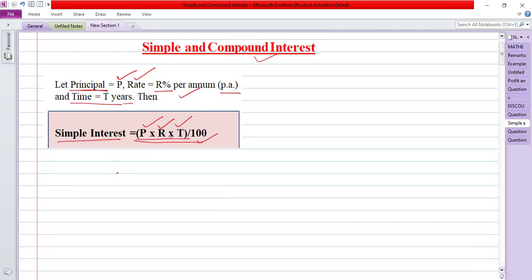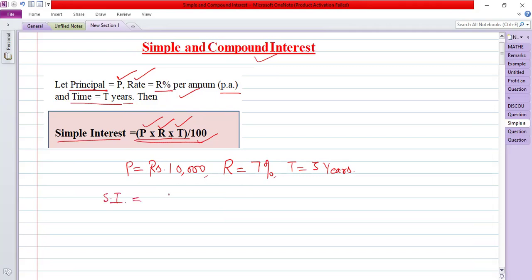So here, what is the meaning? Suppose our principal amount, let it be rupees 10,000. And rate of interest, suppose it is 7%. And time, say it is 3 years. Then what will be the simple interest?